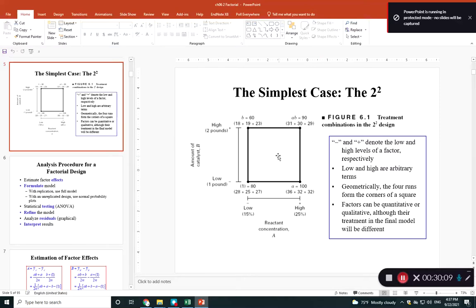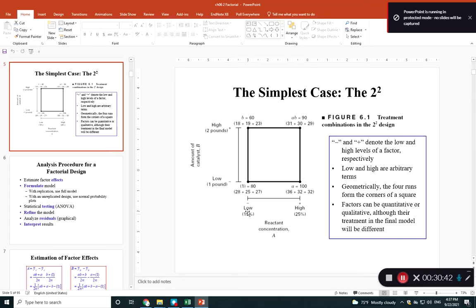Okay? And then let's say that I have observations here. Okay? For low, 3 observations: 28, 25, 27. And I have, when B is low, and here I have the high, 3 observations: 31, 30, 29.